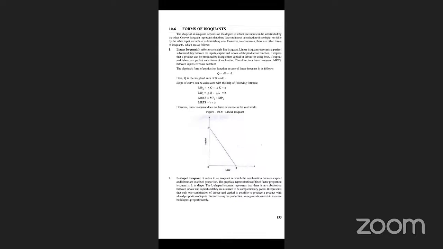MPL is for labor: change in quantity divided by change in labor is denoted as B. MRTS is nothing but the ratio of the marginal products of labor and capital, so MRTS is B divided by A. This is how you can derive all the values, and then a schedule is formed, followed by a curve that can be plotted.